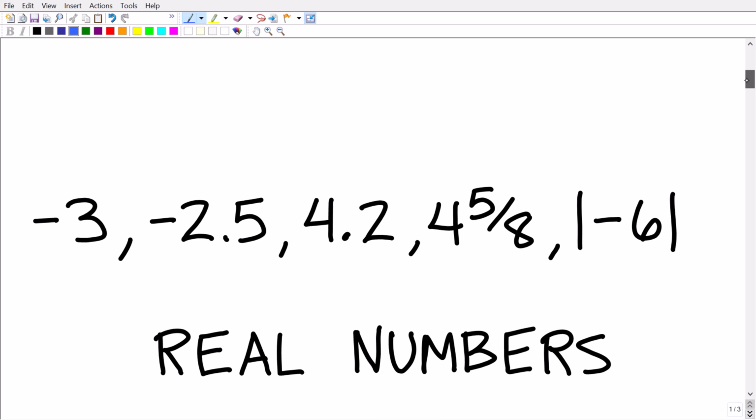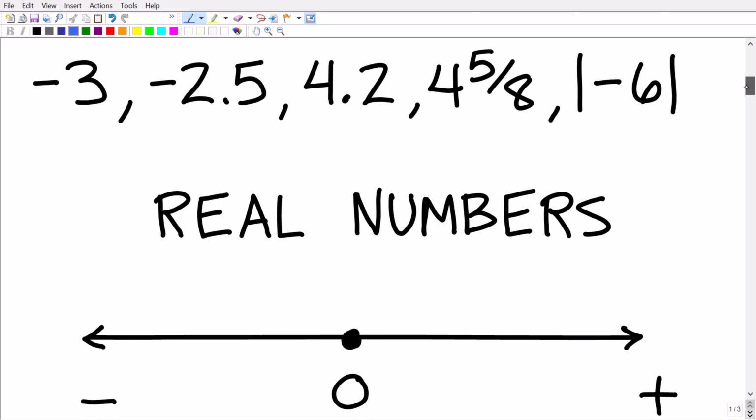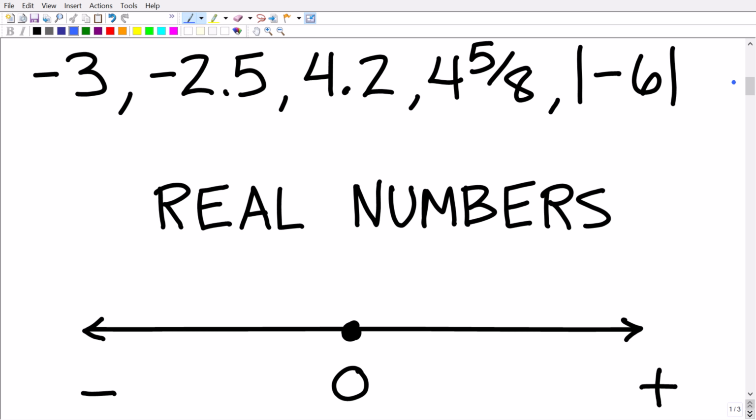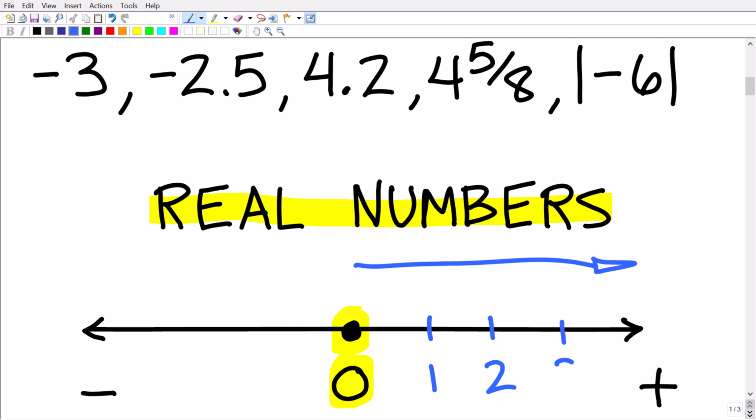And first, we'll talk about real numbers. Now, this isn't going to be a full lesson on the real number system, but this is extremely important. Real numbers are effectively positive and negative numbers. So if we look at a real number line, we have 0 in the middle, and numbers going in this direction are getting larger. So for example, we can have 1 right here, 2 right here, 3 right here, etc. These are positive numbers.